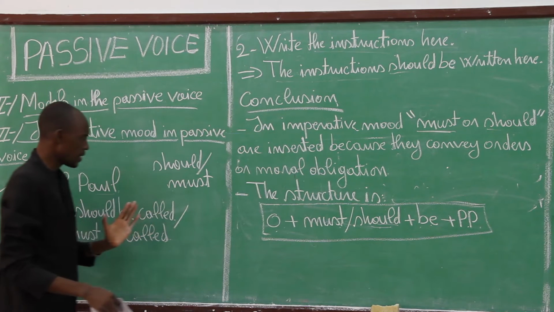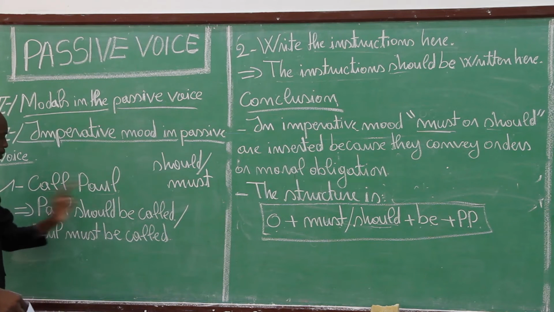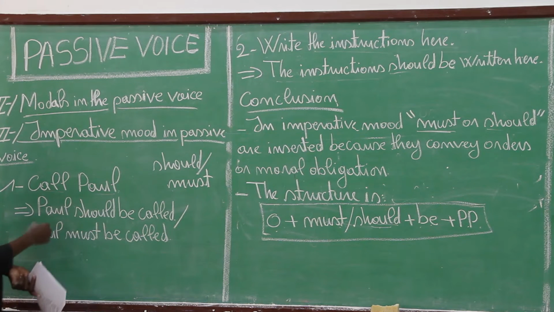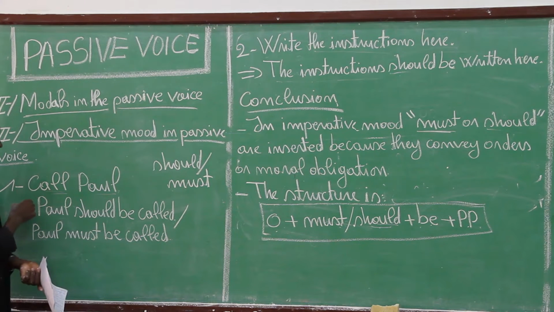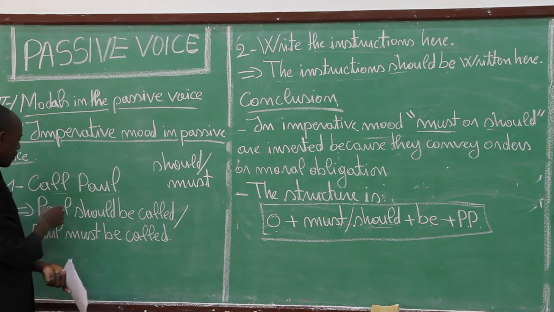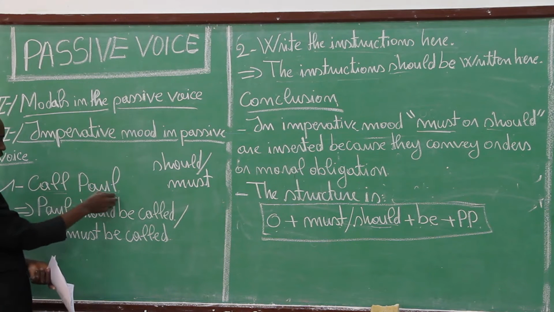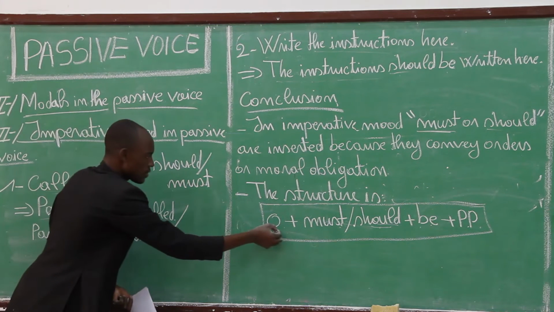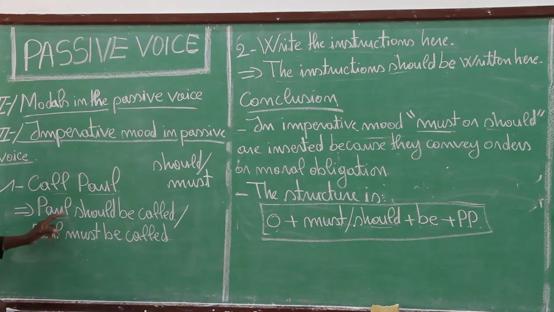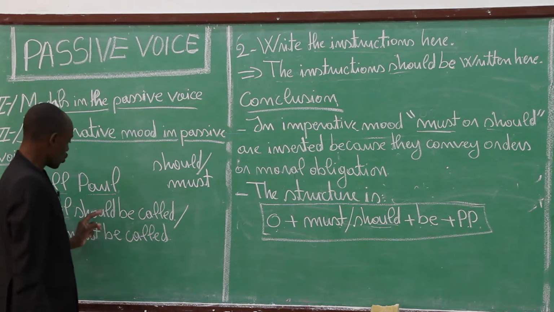Let's come back here. We have "Call Paul". This is the object and the verb. And in passive voice, this object becomes the start of the sentence. We have Paul as the object, as our structure says, and after the object we have should or must.